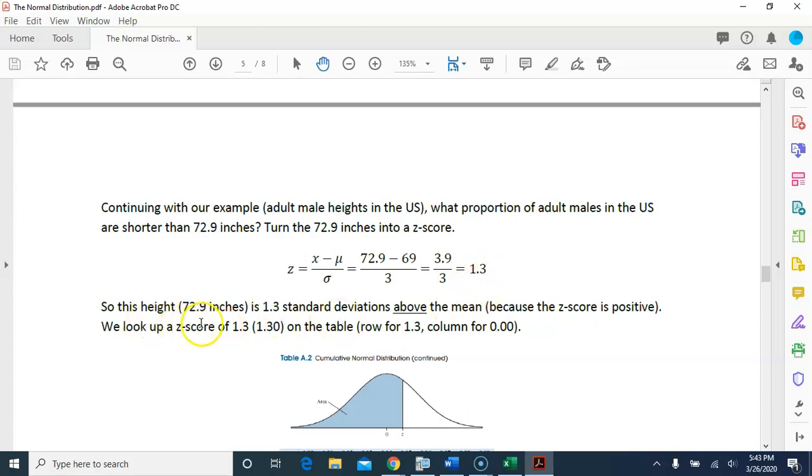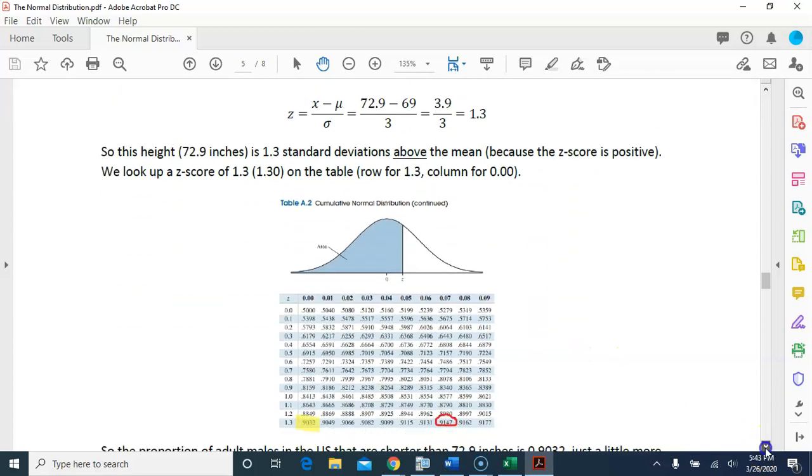So an adult male who is 72.9 inches tall is 1.3 standard deviations above the mean. So we go to the table again. This is a second page of the table which has positive z-scores, the row for 1.3 and the column for 0, 0 because it's 1.3 exactly.